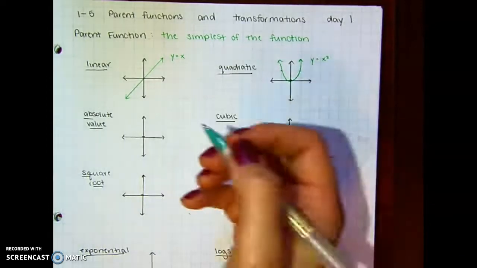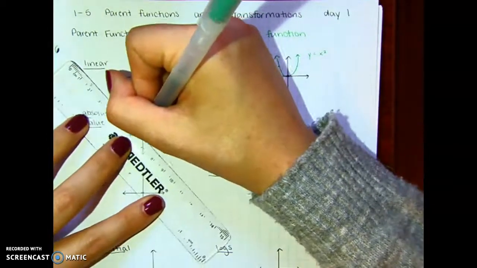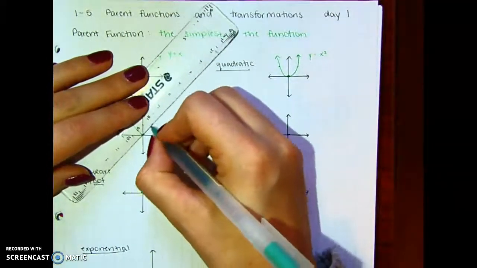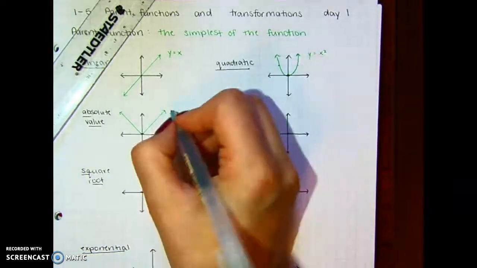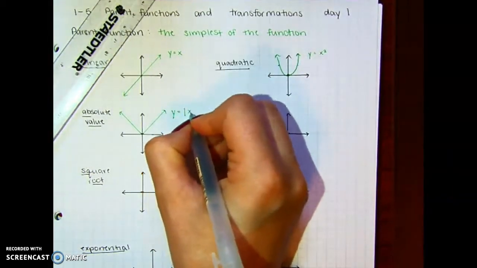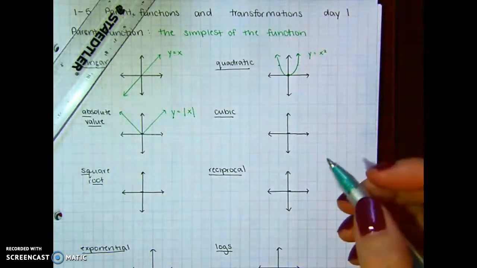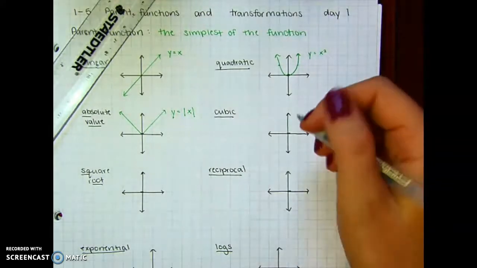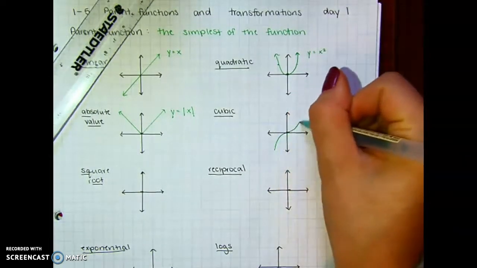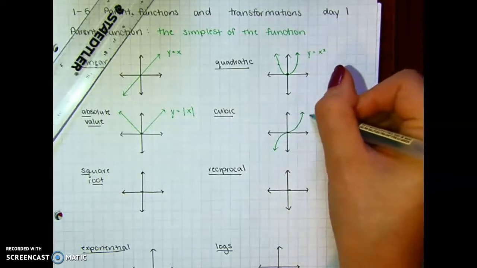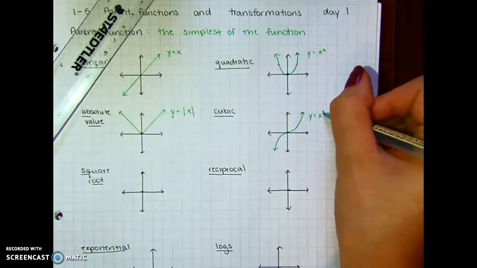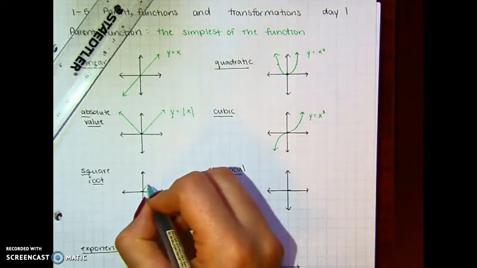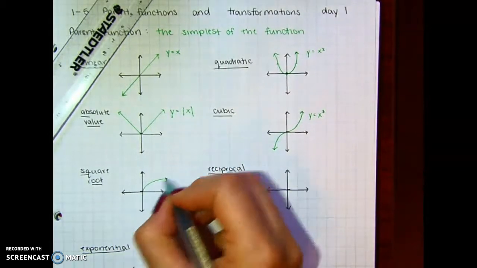This is the vertex. Absolute value is similar to a quadratic in the sense that it's symmetric about the y-axis and has a vertex. It's just the absolute value of x. A cubic, that one's a little bit unique. It has that little flattening out. It's got a turning point. So y equals x cubed. The square root. This one's interesting because it has an endpoint.